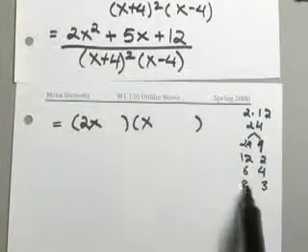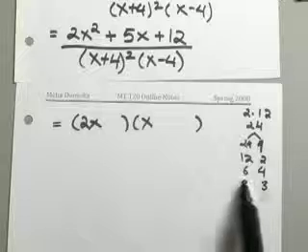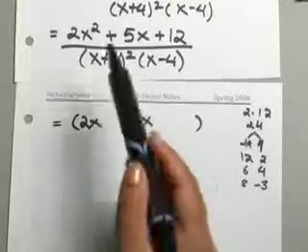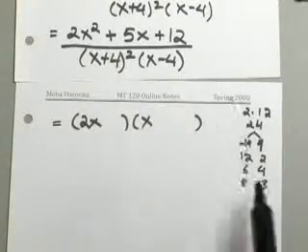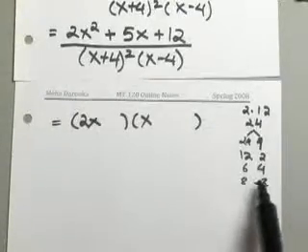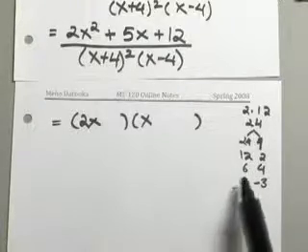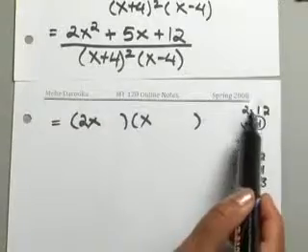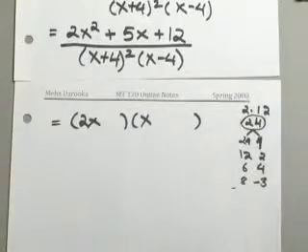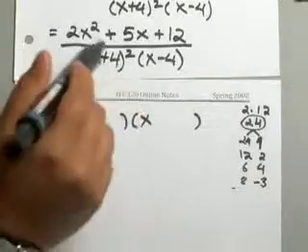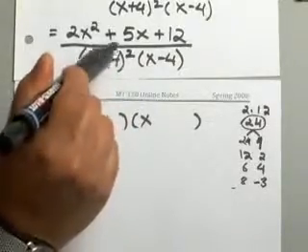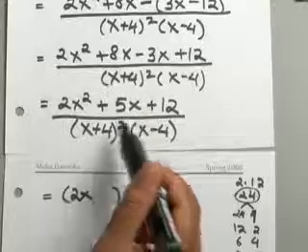And the only two numbers that would possibly work is if we had positive 8 and negative 3 that would add to give us a positive 5, but when you multiply them they give you a negative 24, whereas we wanted our product to be a positive 24. So what that tells us is basically that you cannot factor this any further, and this will be your final answer in the lowest terms.